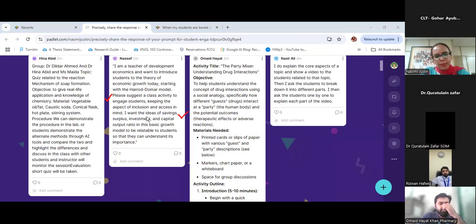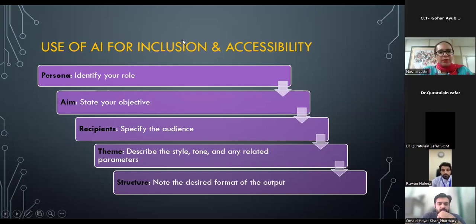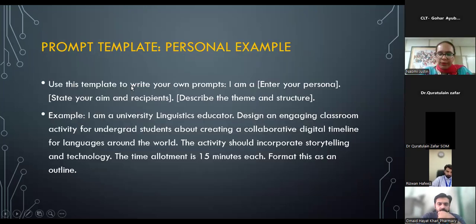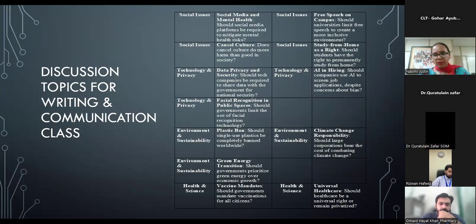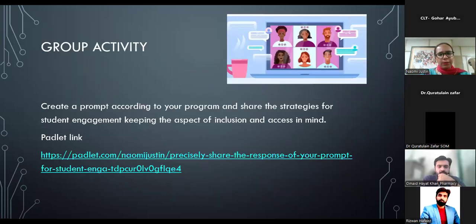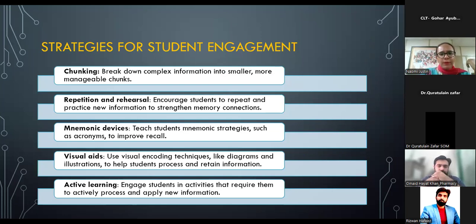There was a time when people used to say that hard work is the key to success. Yes, no doubt it is. But I think that with the passage of time, it's also important that we choose to use our time smartly as well. So there are different ways for student engagement in the same way. You can either plan and adapt different activities, or you can make use of AI and get different ideas.